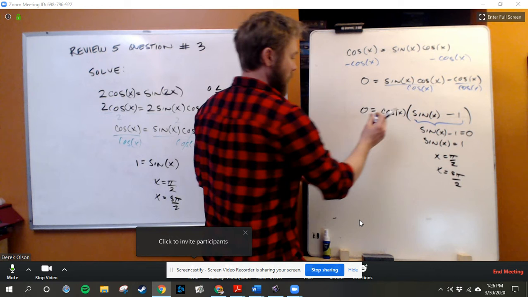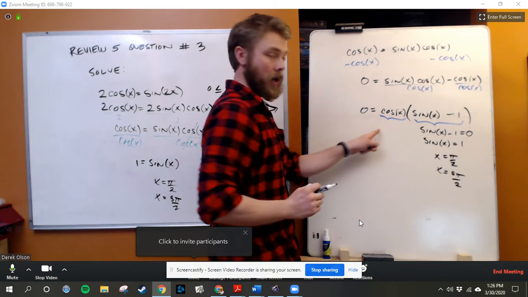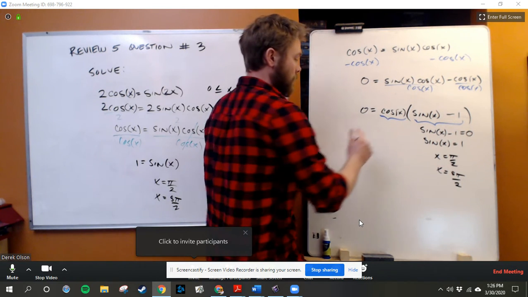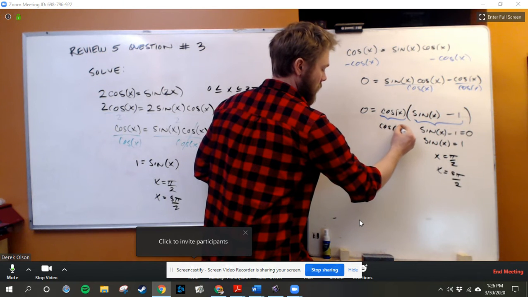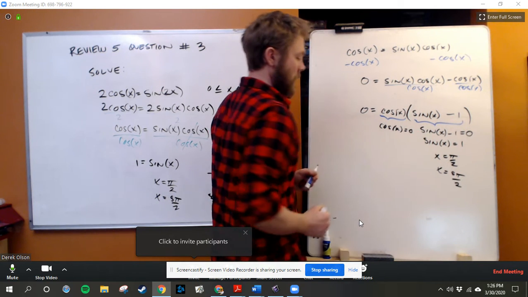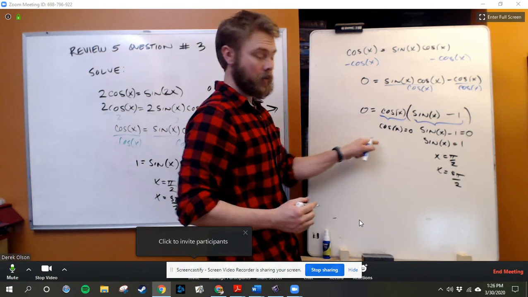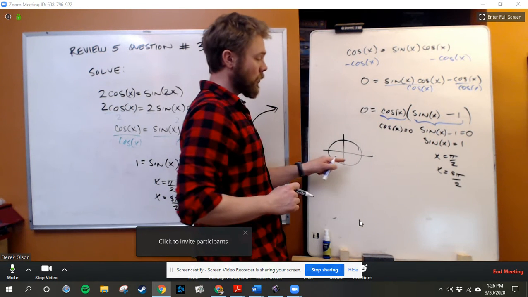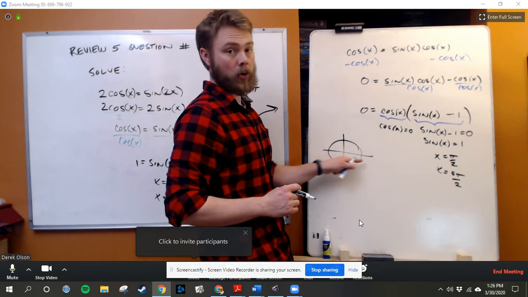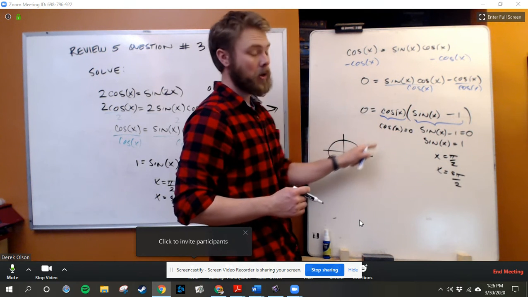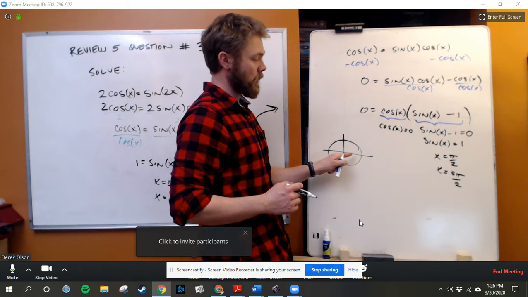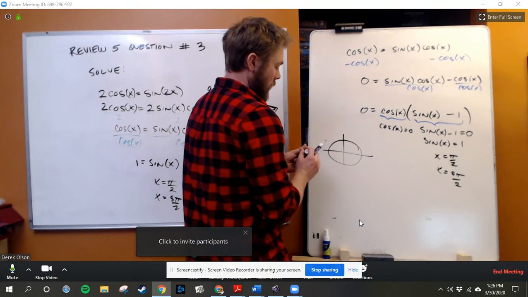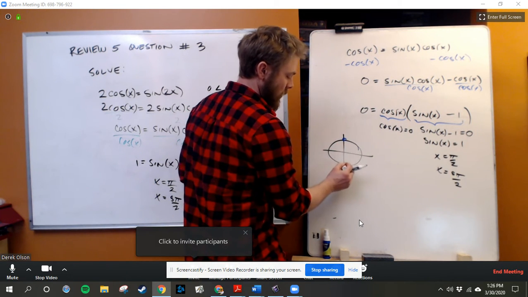Okay, and then in this case, if cosine x is equal to 0, then the whole thing will be equal to 0. Cosine is the x value, so I'll circle here. This x is an angle, but where the x coordinate is equal to 0 would be right here and right here.